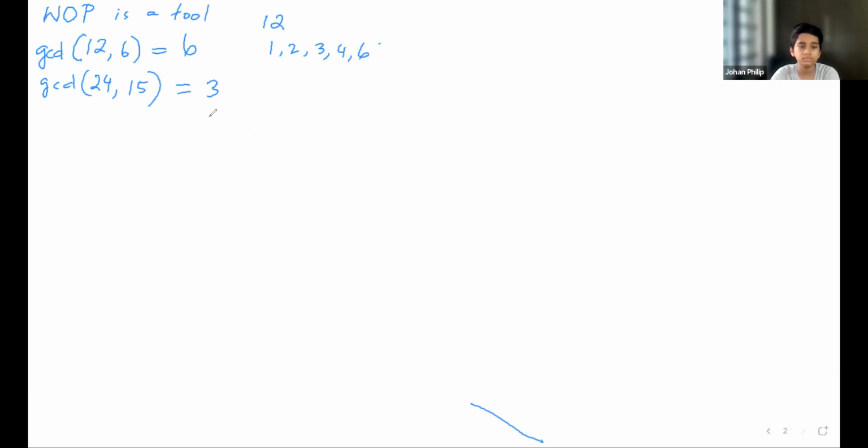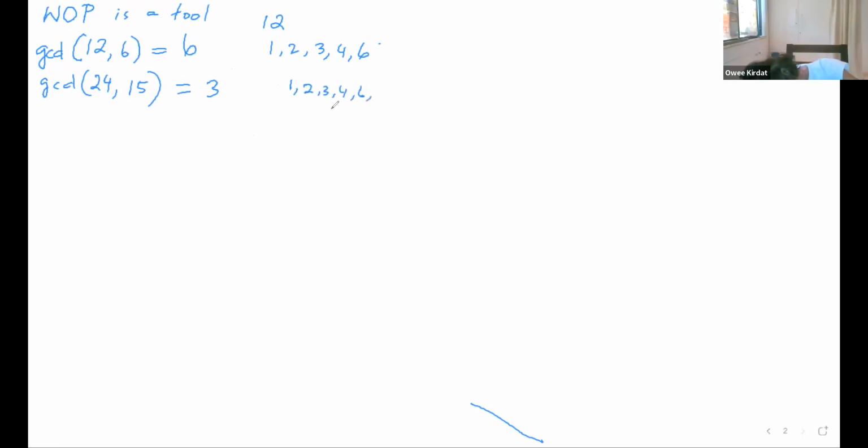Yes. 3 divides 24 and 15. 24 has a lot of divisors. 15 has 1, 3, and 5. The common divisors are 1 and 3. So the biggest common divisor is 3.